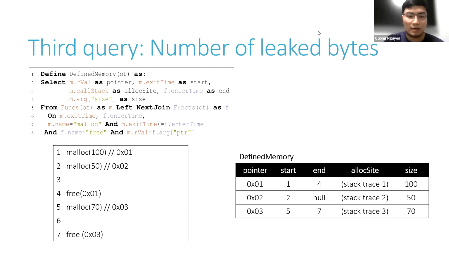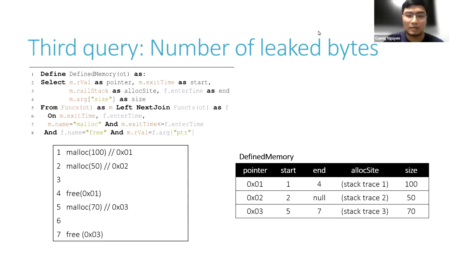And you can see in the define memory view, the first row corresponds to this memory allocation, and it records the time when it's allocated, the time it's freed, the pointer, the address of the memory.